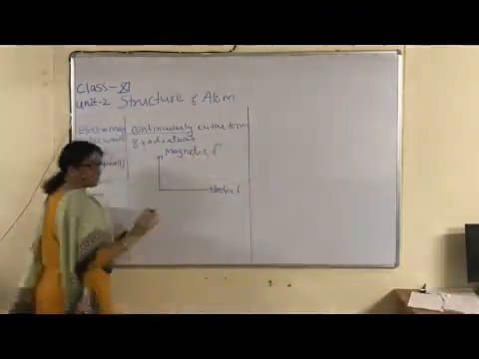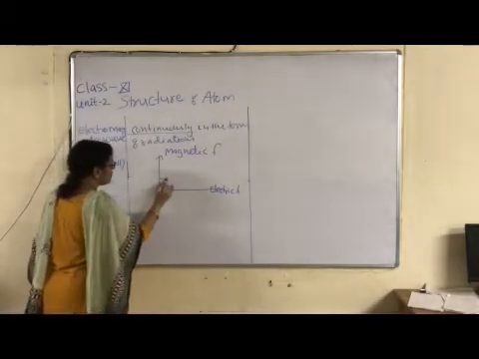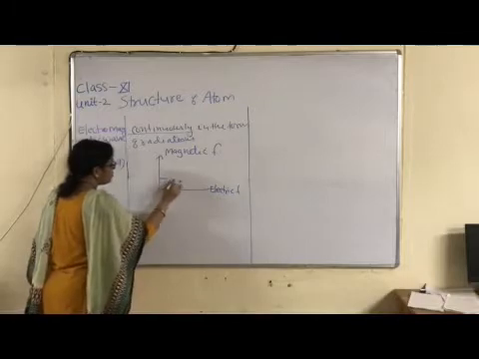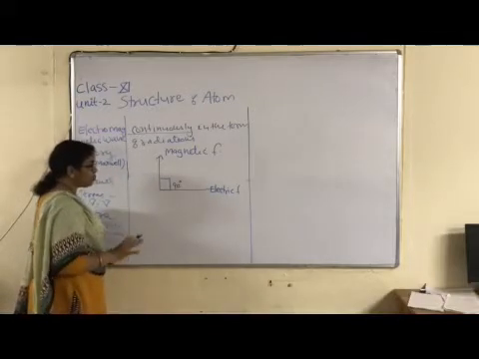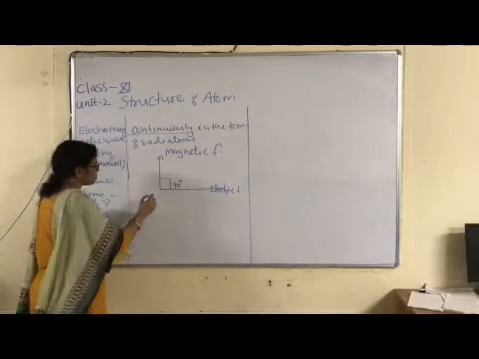What is the alignment of two fields? Perpendicular at 90 degree. And both fields are perpendicular to the direction of propagation also.